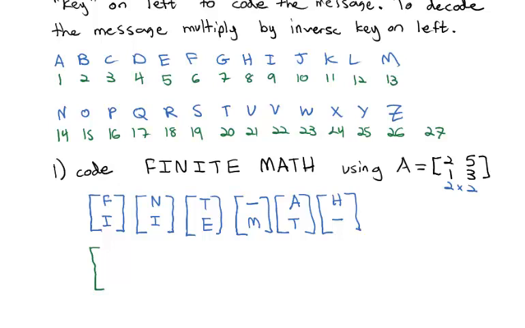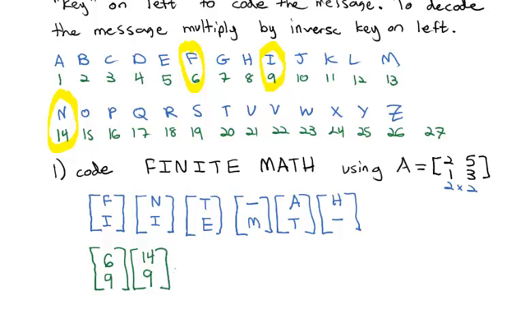F is the number 6. I is the number 9. N is the number 14. I, again, is still the number 9. T is the number 20.